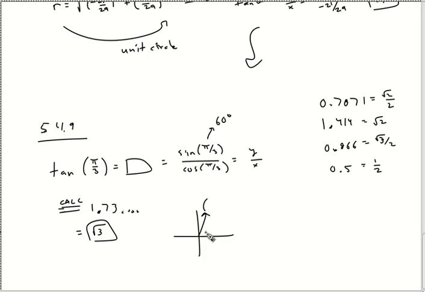And so at 60 degrees right here, we have a positive 1/2 and a positive square root 3 over 2. And so I'm going to go ahead and put these together. I got the square root 3 over 2, and I got the 1/2. The 2's cancel, and you get the square root 3. Done. So we got the same answer.